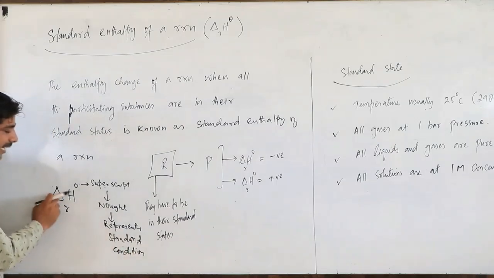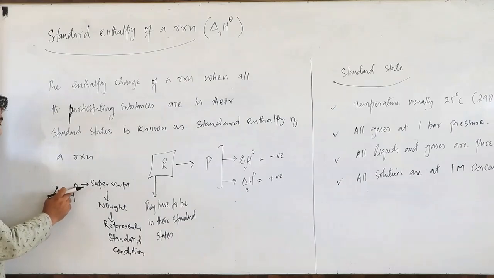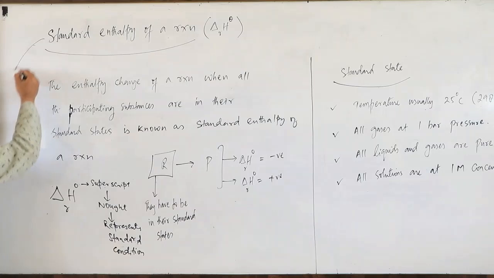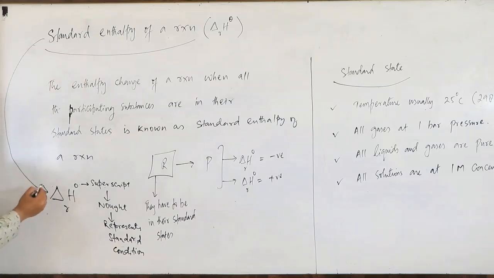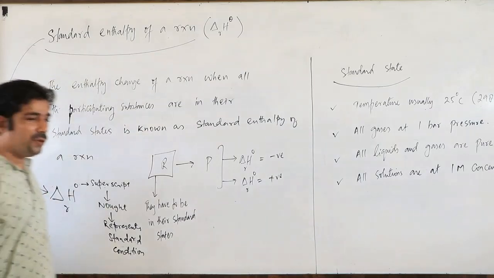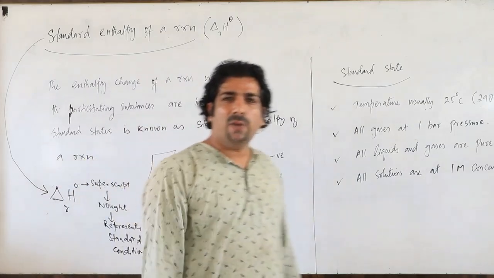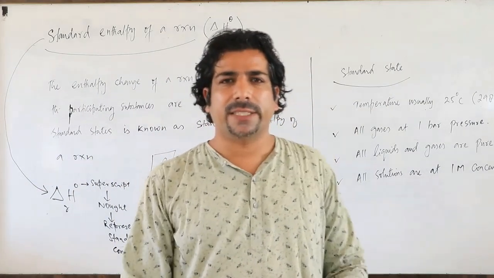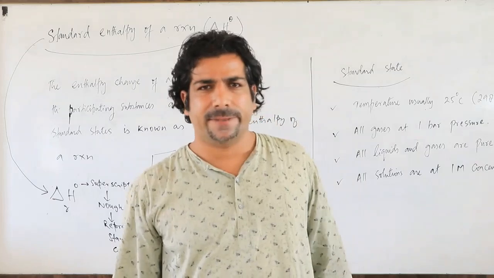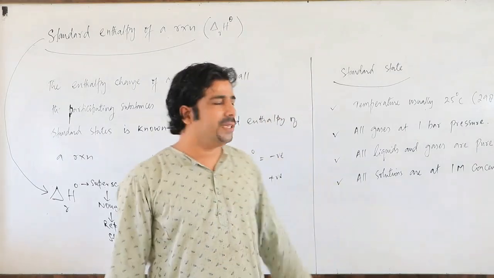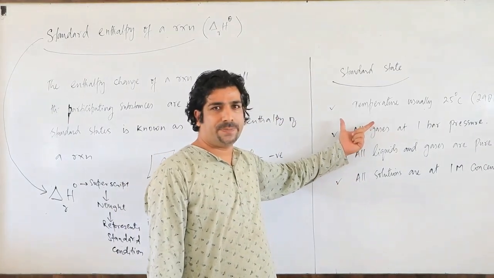So now delta HR naught is basically the standard enthalpy of a reaction, my dear friends. Now you will be still thinking, how come we get to know that the reactants are in their standard states? So you have to remember these particular conditions.